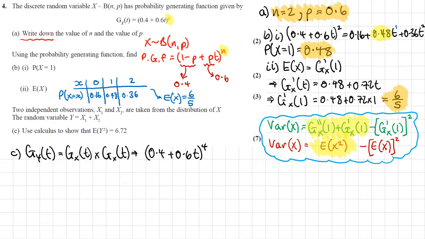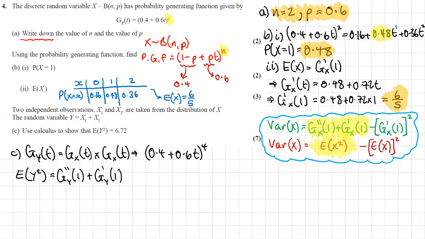So maybe I'll write that down first. E(Y²) is equal to the probability generating function for Y differentiated twice with 1 substituted in, plus the probability generating function for Y differentiated once with 1 substituted in.